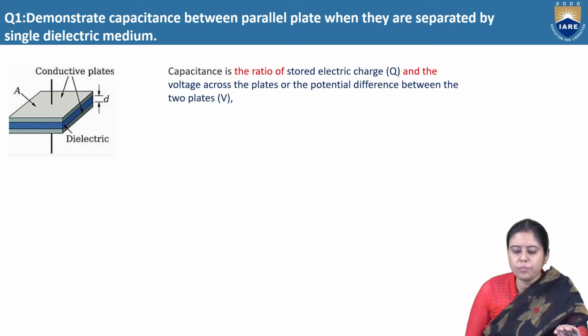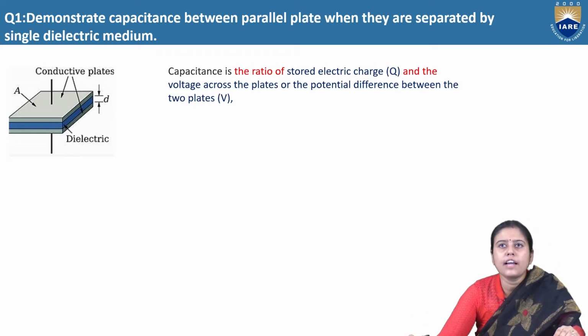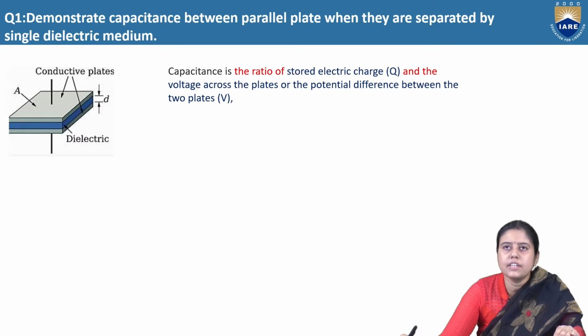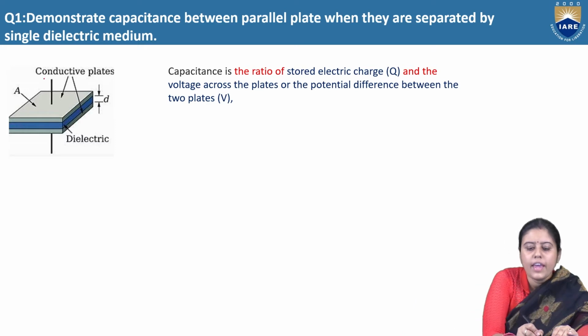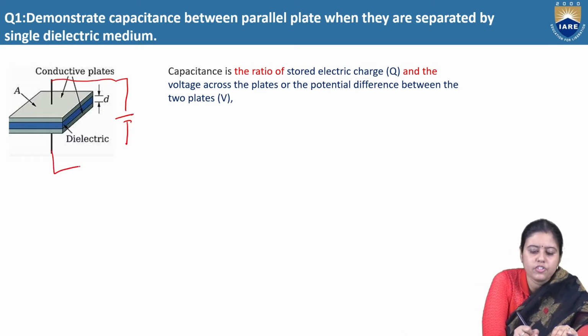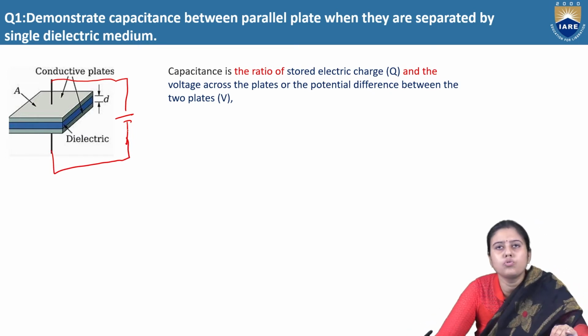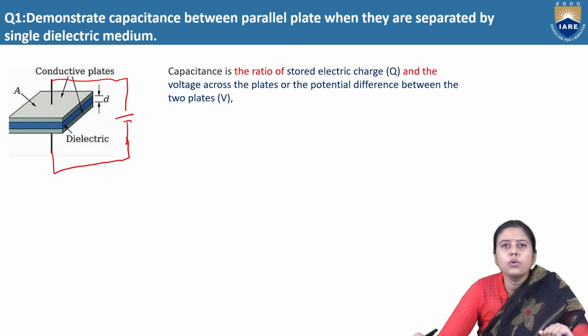And we are assuming, what is the capacitance? Basically, according to the definition, capacitance is the ratio of the stored charge and the voltage across the plates, or the potential difference between these two parallel plates. If we connect some external battery between these two plates, what will happen?